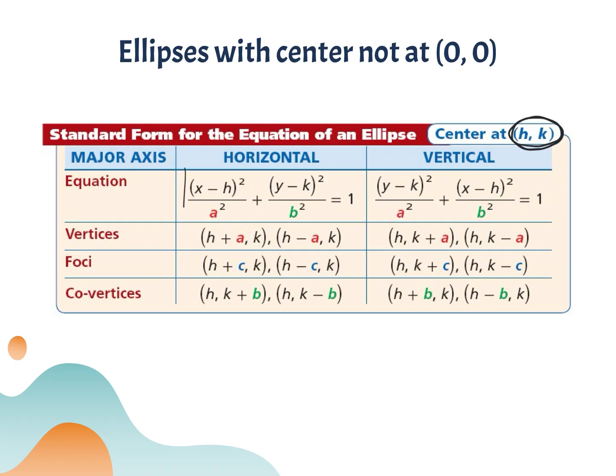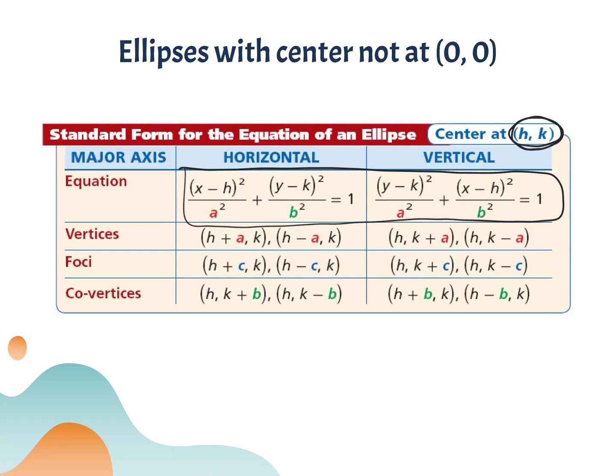Whoa, hang on. You are given these. And again, try not to get too hung up on memorizing everything. You just need to know that h goes with which variable, x or y? x, and then k goes with y, right? So that's the biggest thing you need to memorize, and then you also need to memorize that it's a minus, right?